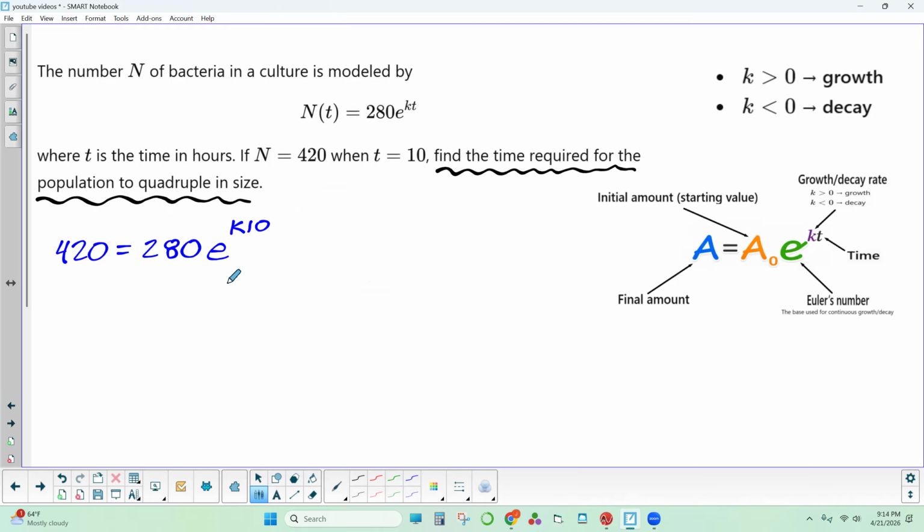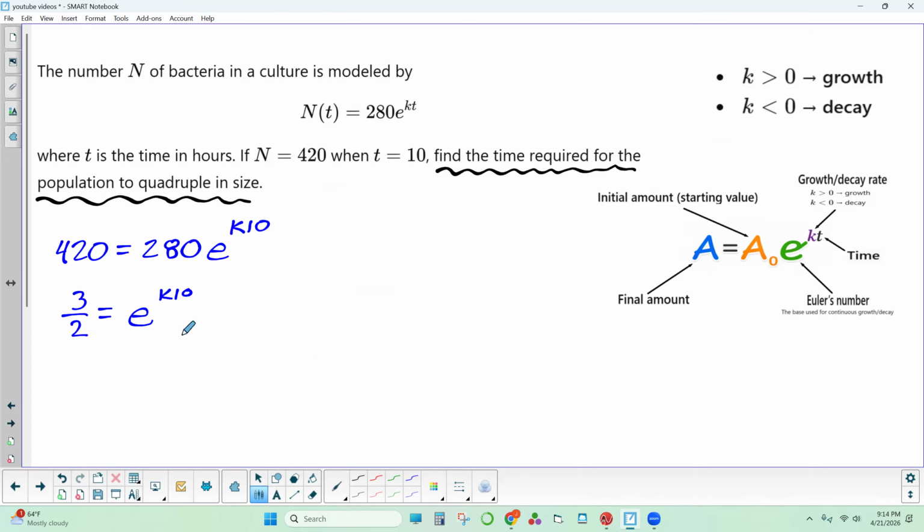Again, we are solving for a variable in our exponent here, so I'm going to write this as a natural log. So I'm going to divide 280 on both sides. 420 over 280 will reduce to 3 halves. Then I have e raised to the k times 10.